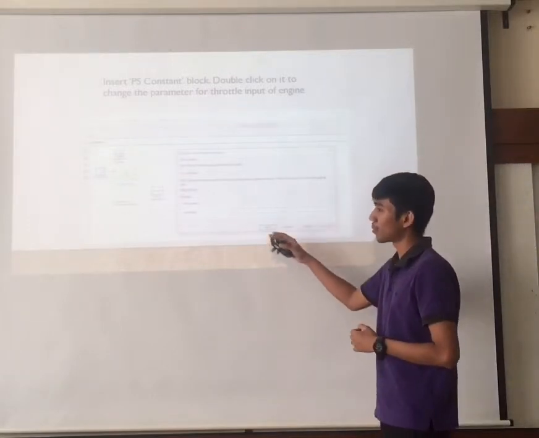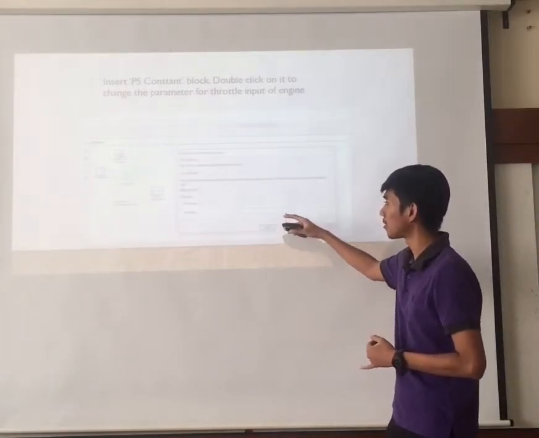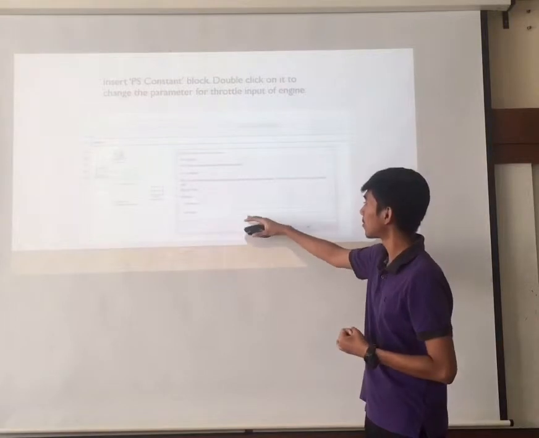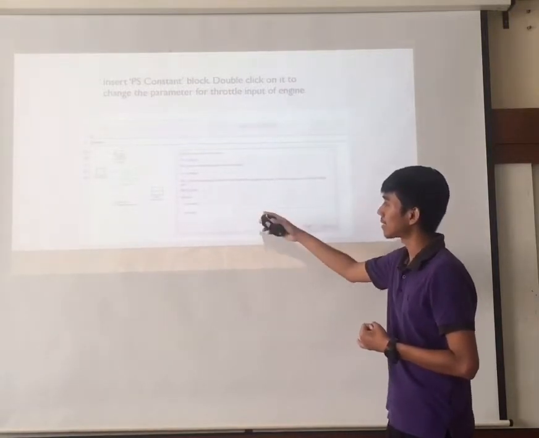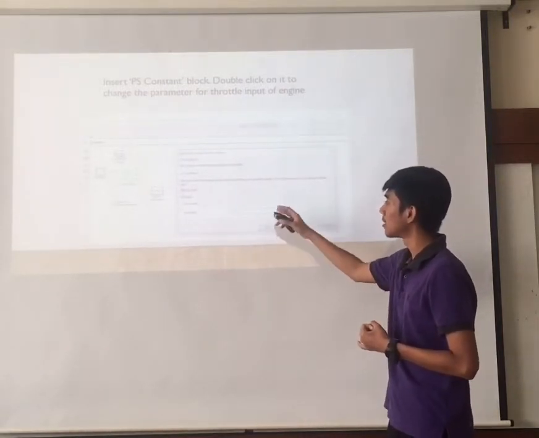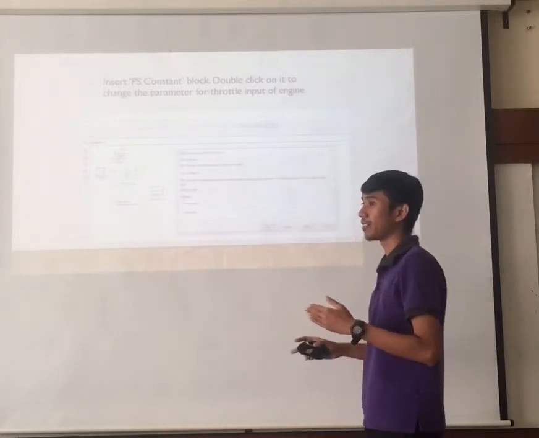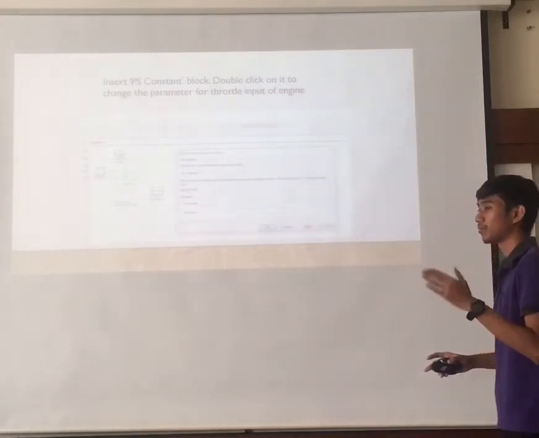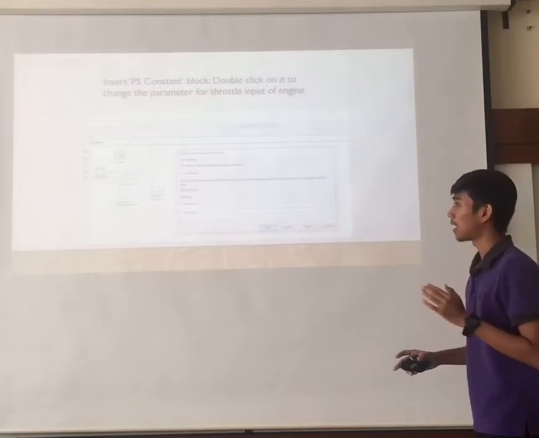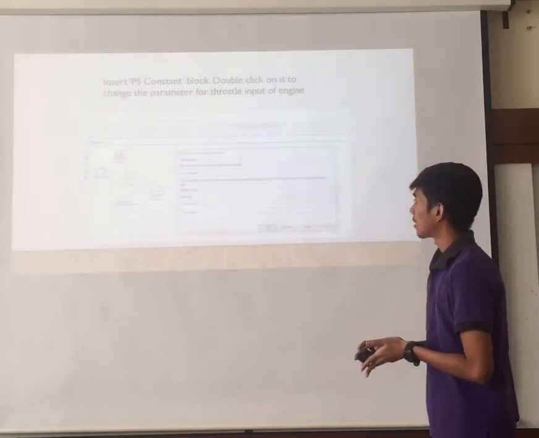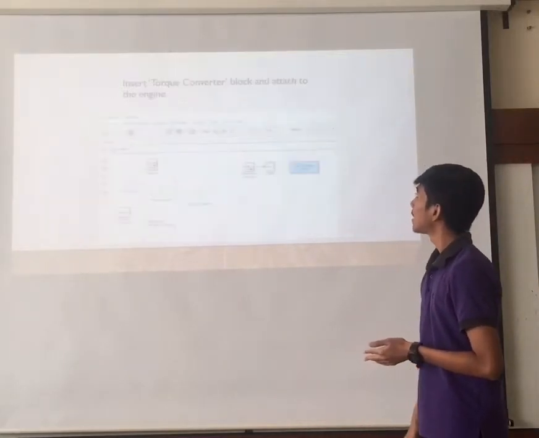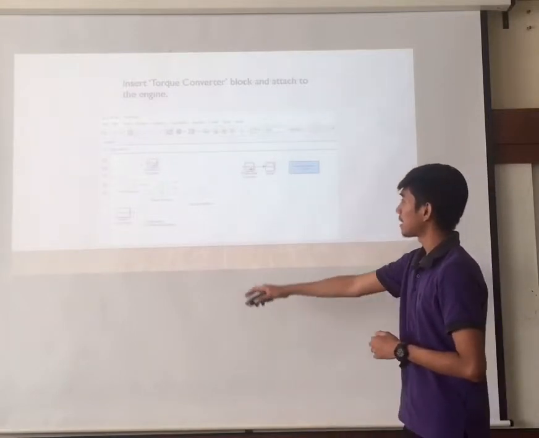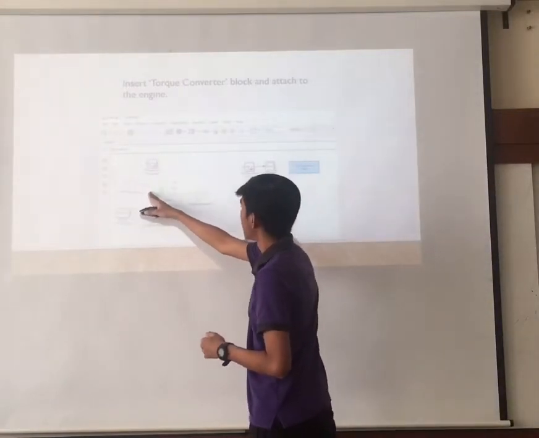If you want to make the throttle fully pressed, you make it 1. But in this case, we just want to use 0.5, so we just push the throttle half. Okay. Then attach it to the engine.